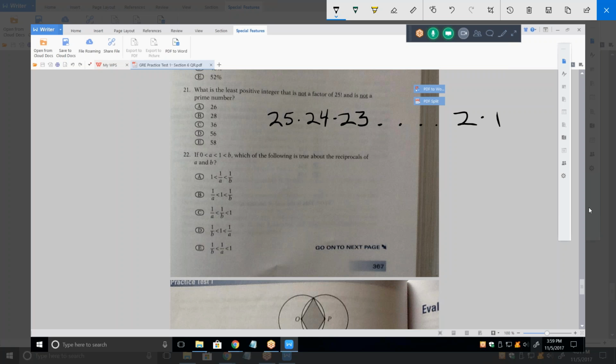So the question is, can I divide 25 factorial by 26? Yes, because 26 is 13 times 2. And there is a 13 in the numerator and there is a 2 in the numerator.